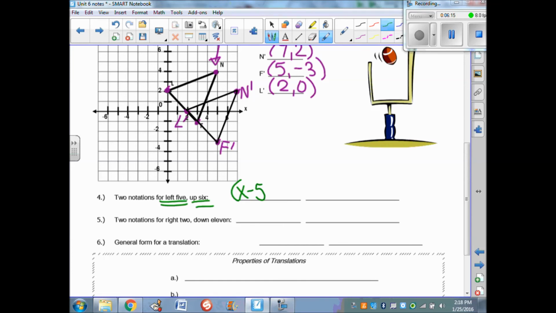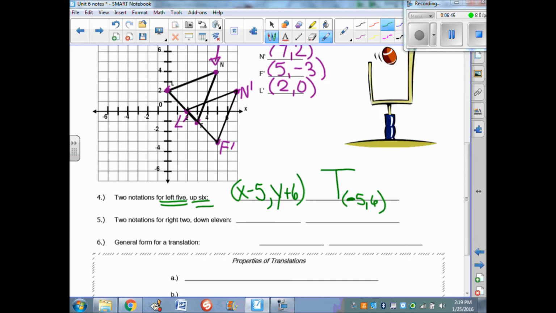And up 6, up is a y movement, and we're going up, so we're adding 6. So that could be notation to represent a translation left 5, up 6. Or sometimes you may see a big capital T, and it'll do this: negative 5, 6. It'll have little parentheses with your direction. That means T for translate, left 5 and up 6.